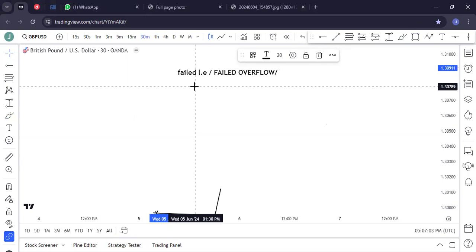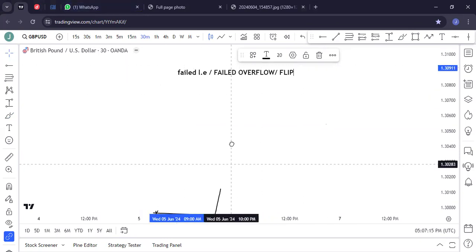Or sometimes people call it flip. So all these names are the same thing.